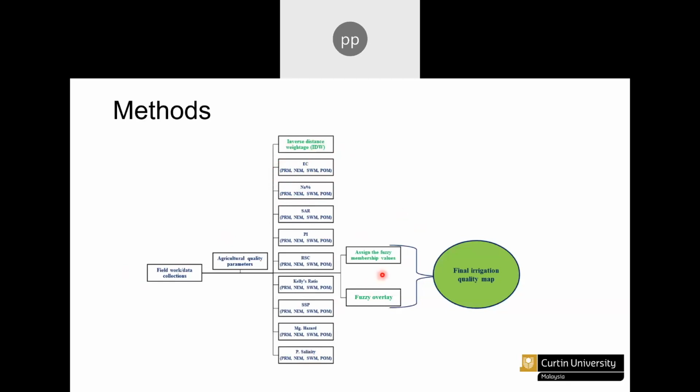Fuzzy logic is a kind of mathematical derivation that is built into the GIS. From that they assigned membership values for each and every index, and after that they overlaid all the maps and produced the final irrigation quality map. So this is the workflow by which they achieved the outcomes of the study.